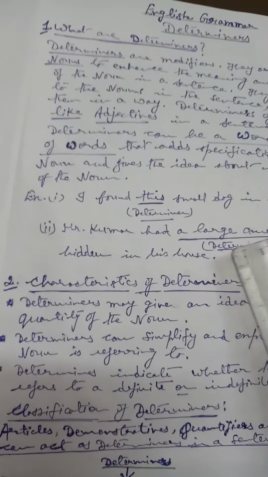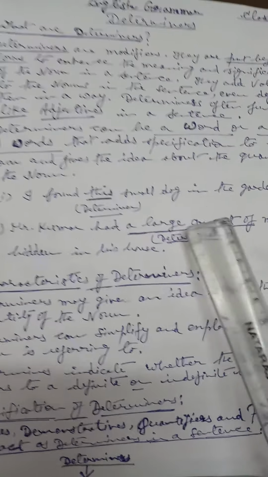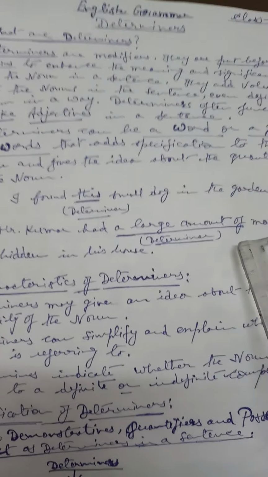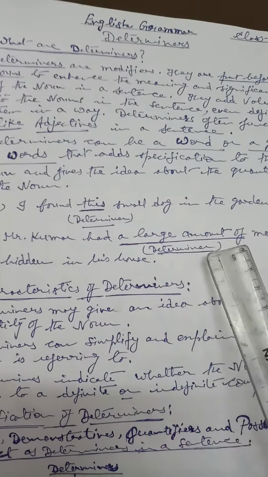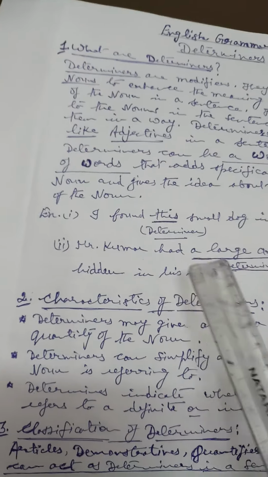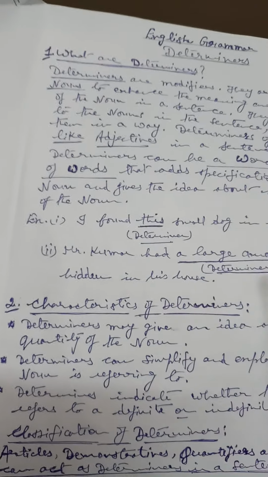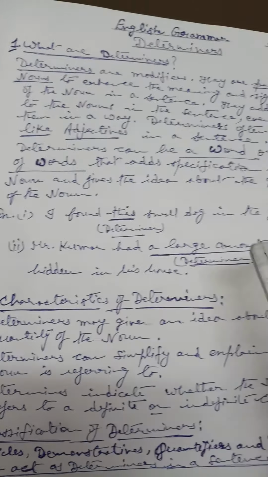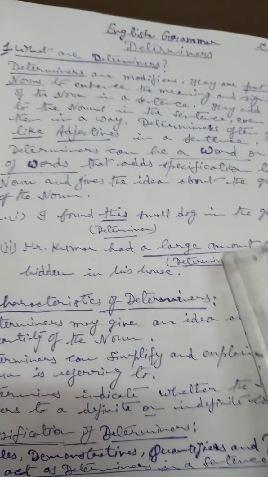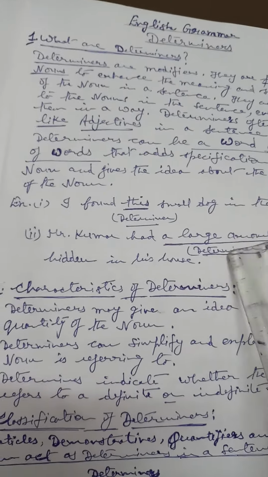So this determiner is determining what? Money, which Mr. Kumar had. Money is the noun and this is clarifying which amount? A large amount of money. So here this group of words is playing the role of a determiner in this sentence.